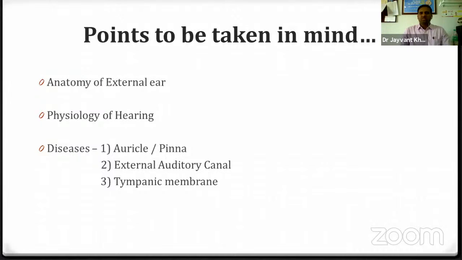We must know the hearing pathway before the diseases. Then diseases: first auricle or pinna diseases, second external auditory canal diseases, and third tympanic membrane diseases.